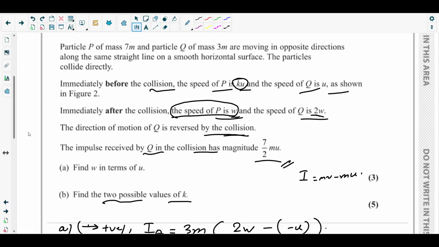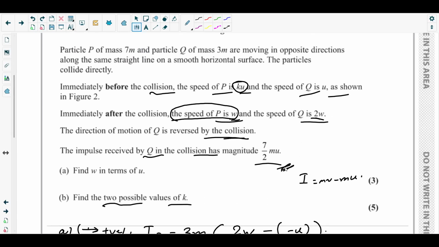Okay, and we know the impulse on q, and we can use this magnitude for impulse on q for finding the values for k, because that's a collision in a closed system. So Newton's third law applies. Action equals to reaction.